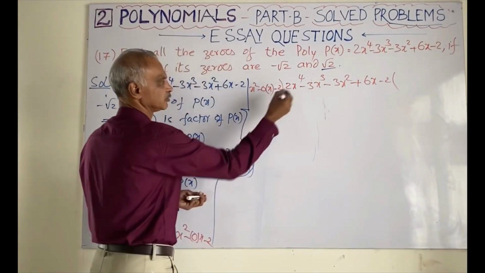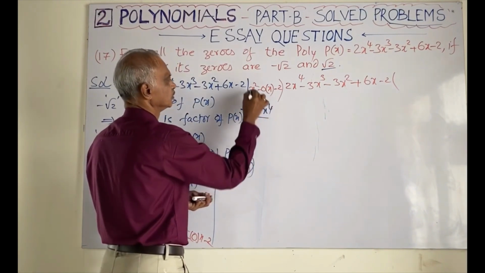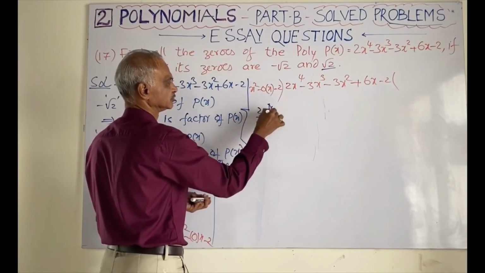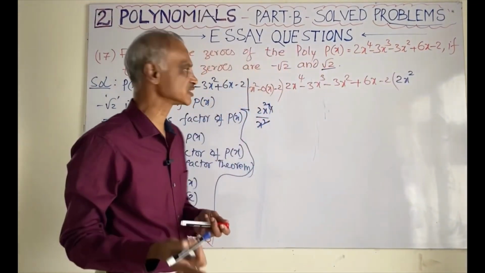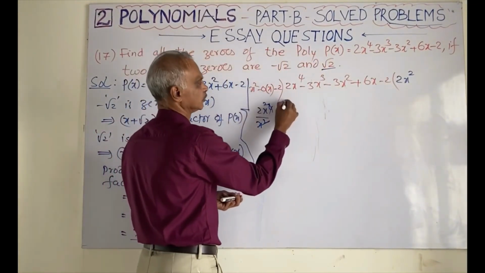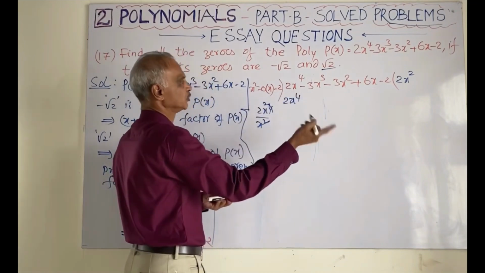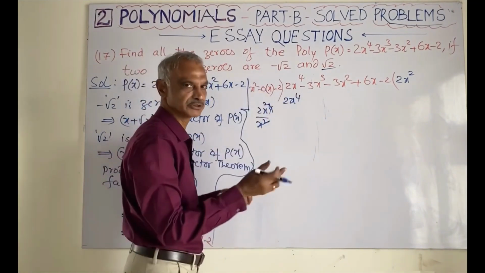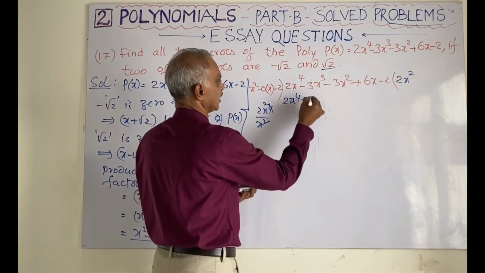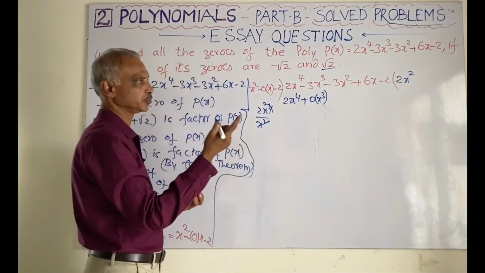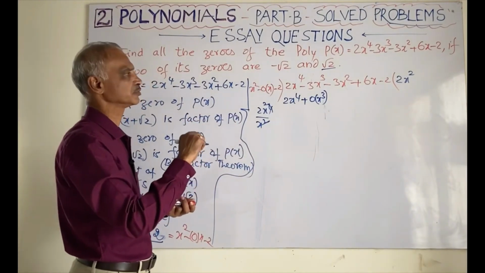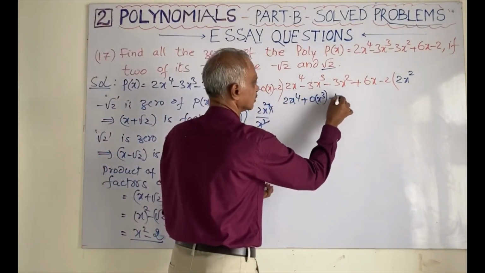Now, 2x to the power of 4 by x square, you have to multiply with 2x square. 2x square into x square is 2x to the power of 4. 2x square into 0x is 0x cube. 2x square into minus 2 is minus 4x square.